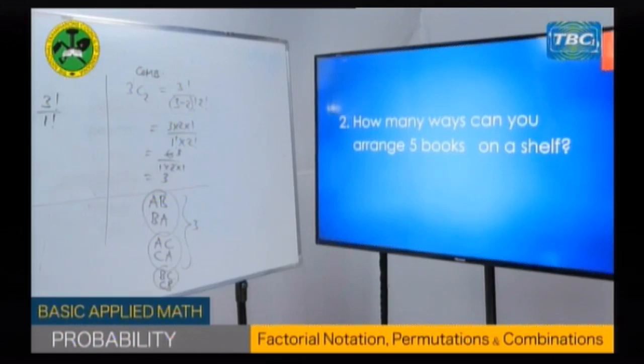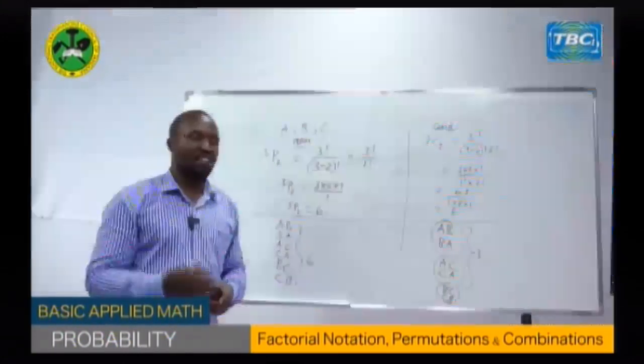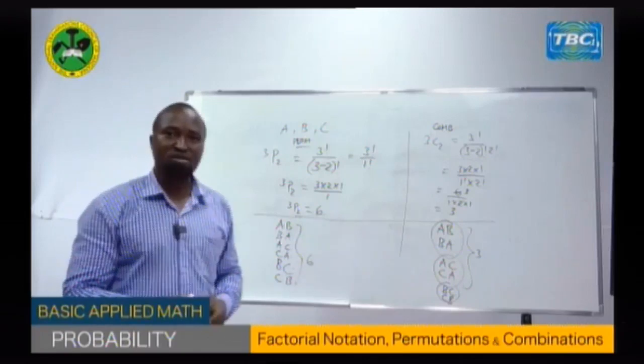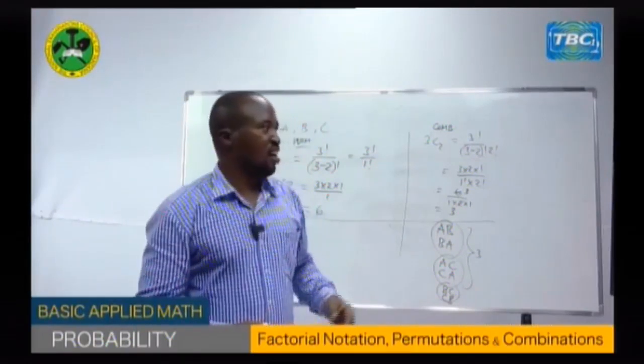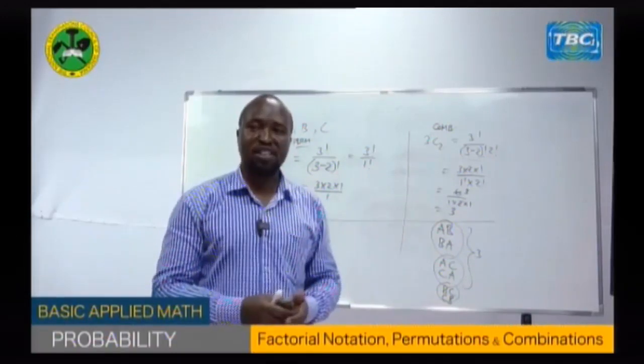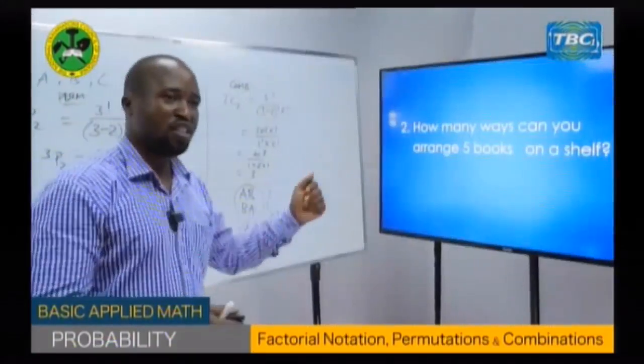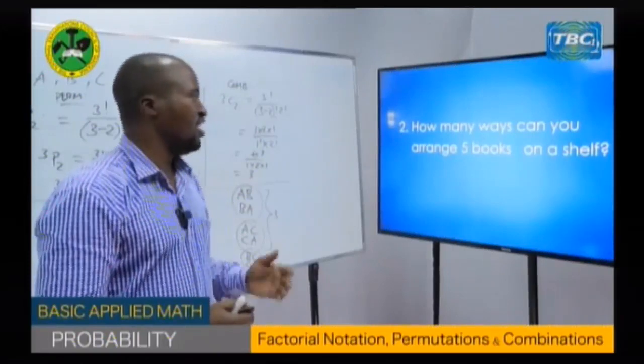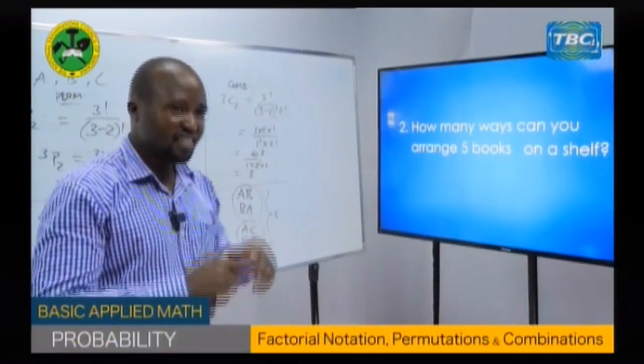Now, by using the two definitions of permutation and combination, remember, in permutation, the order is very important, and for combination, the order is not important. Now, in this question, which perspective suits our question? Is it permutation or is it combination? Try to think.